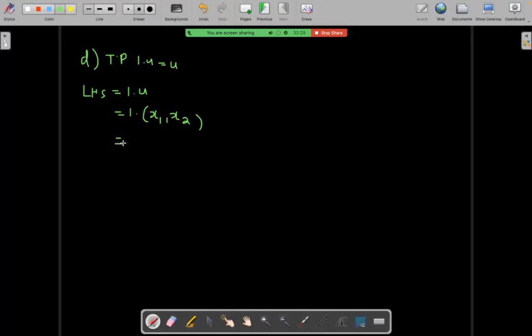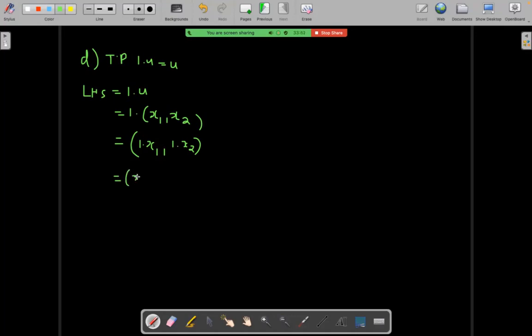which is equal to, now apply scalar multiplication here. So we get 1 into x1 comma 1 into x2. We know in real numbers the multiplicative identity is 1. So 1 into x1 is always x1. Similarly, 1 into x2 is also x2.